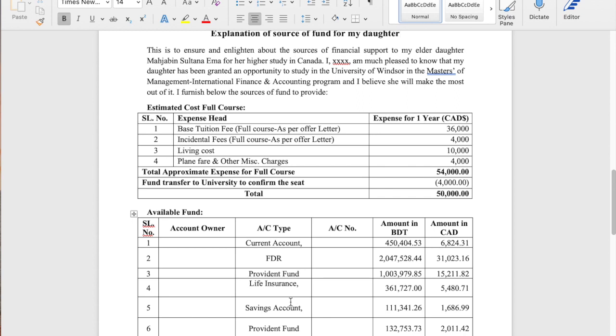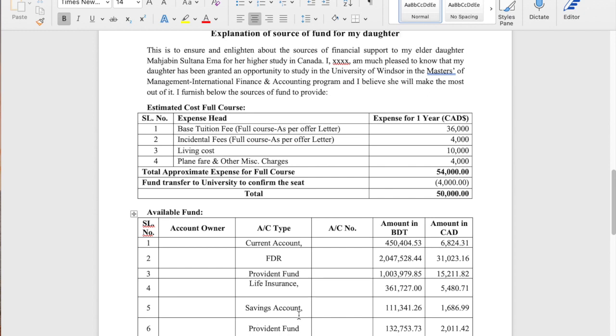They will provide you a letter saying that this amount is in your name, and you have this life insurance. Maybe mention your life insurance account number, which proves that you have this amount at their organization as life insurance.